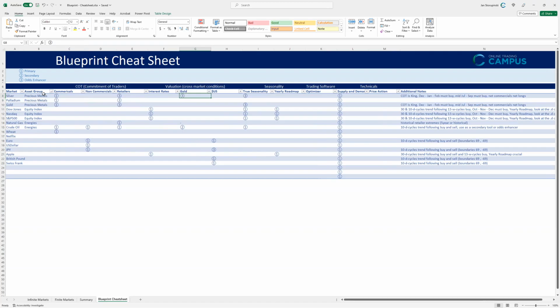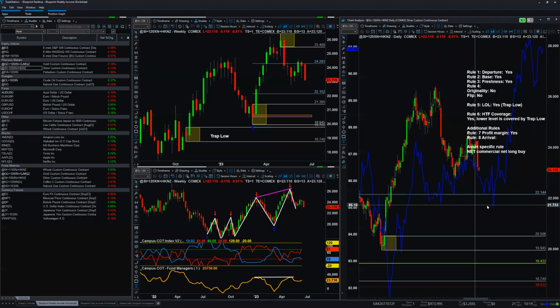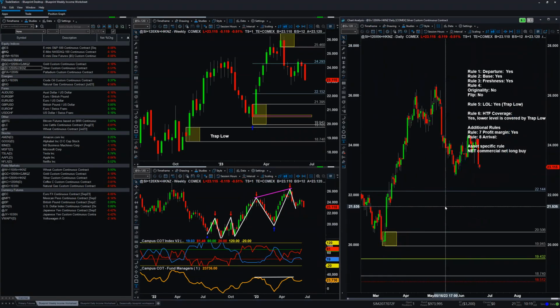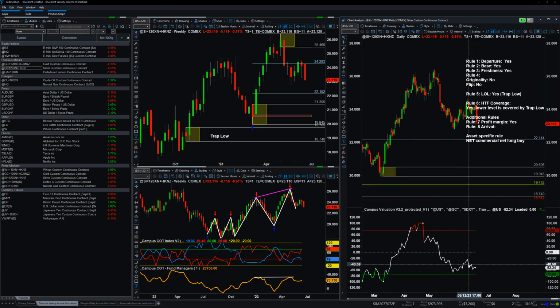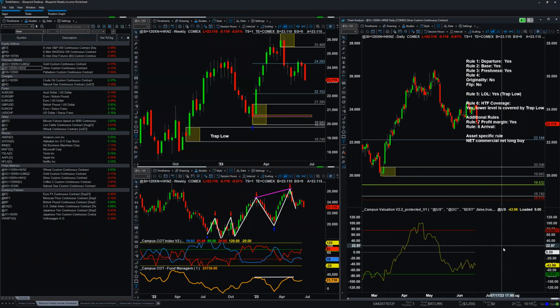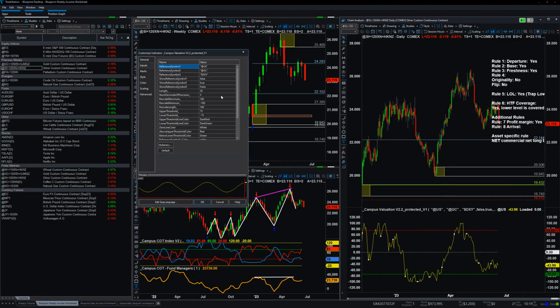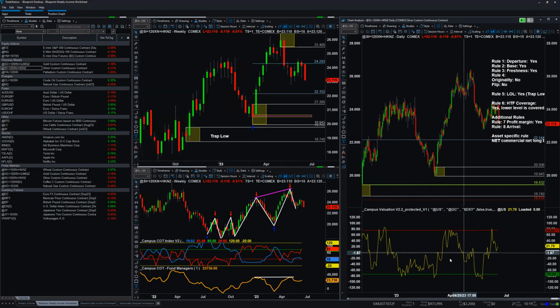The one thing that we can look at here as well is the valuation as a cross market condition. We could check that against gold. I think, maybe a better cycle.